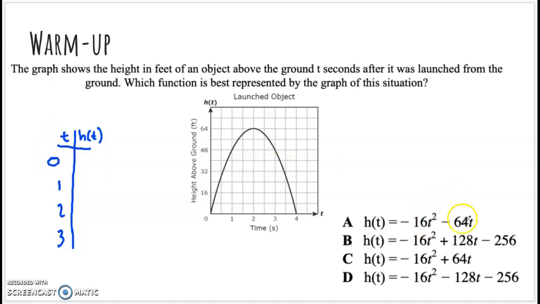Plug into your t value, follow PEMDAS, those order of operations, to see what your output values are and which ones match up. Did you get an output of about 48 when you plugged 1 in? Did you get an output of 64 when you plugged 2 in? And so on and so forth.